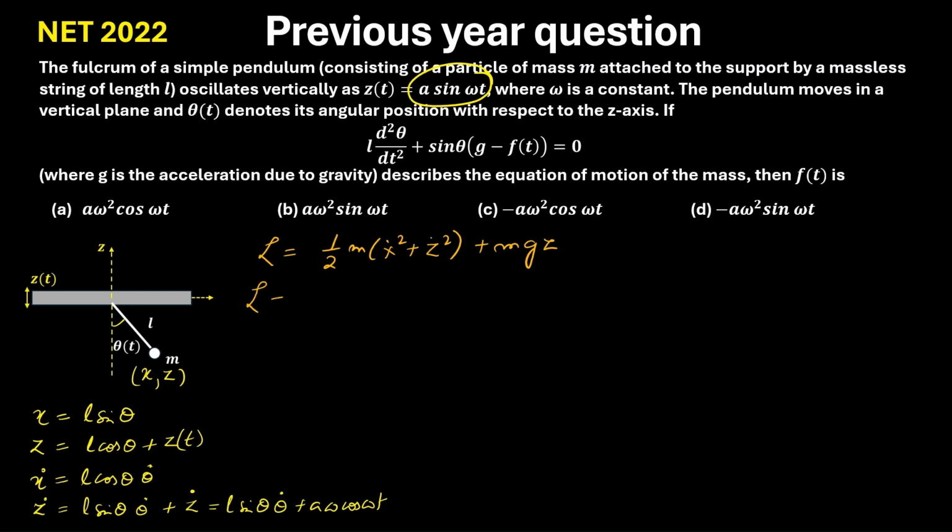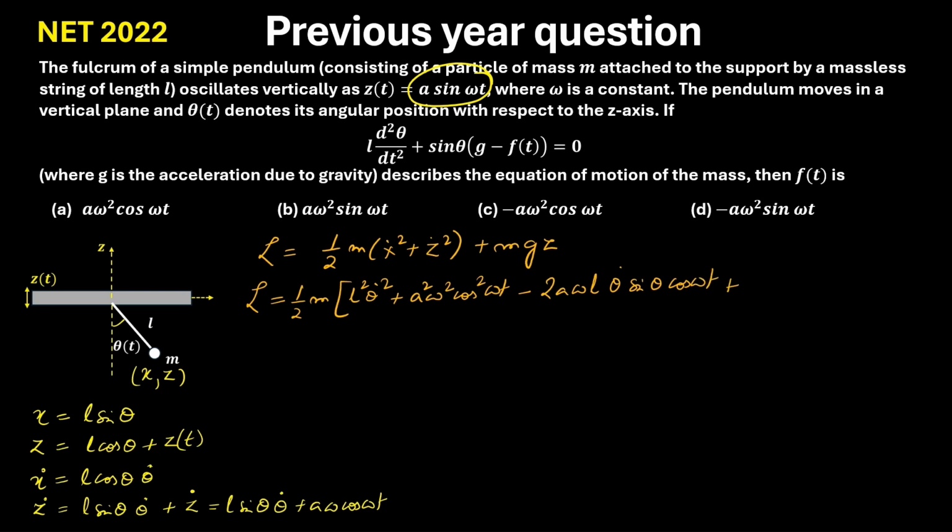So your Lagrangian will be half m, L square theta dot square plus A square omega square cos square omega t, minus 2A omega L theta dot sine theta cos omega t.